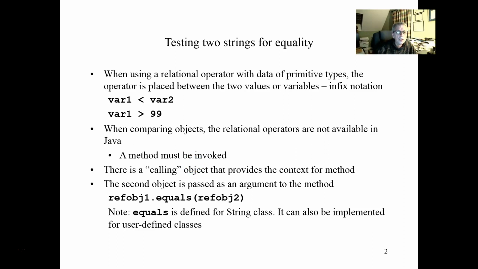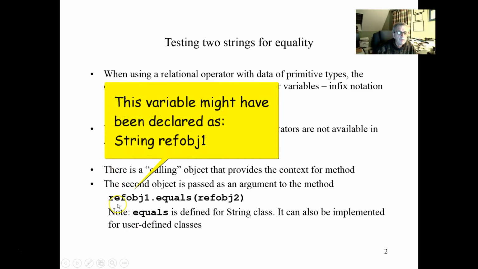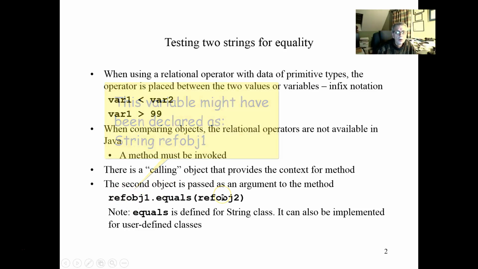The way you do this is you invoke the method by using one of the objects to provide a context. So that object, its reference variable, is used to qualify the call to the method. For example, if we have some reference variable called ref obj1, and that refers to, say, a string object, then ref obj1 dot equals would be providing the context for the invocation of the equals method.